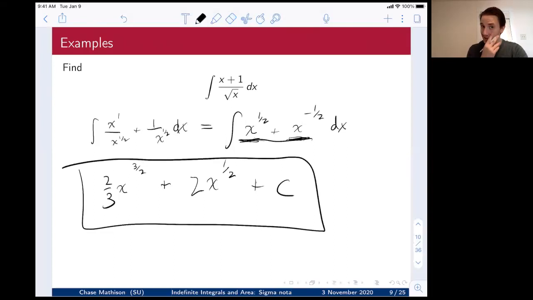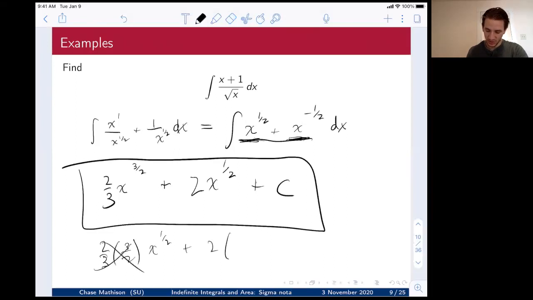And you can verify that this is actually an antiderivative of x plus 1 all over the square root of x by differentiating. So if I differentiate this, I'm going to get 2/3 times 3/2 times x to the 3/2 minus 1, which is 1/2. So those cancel.